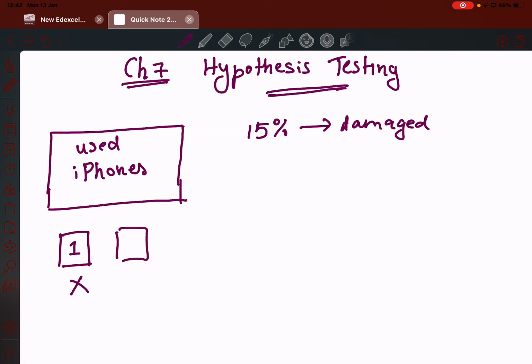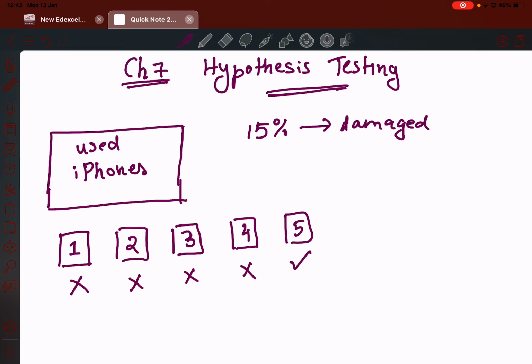Take the second one, that is also malfunctioning. Take the third one, that is also malfunctioning. Now I want you to tell me at what point do you feel suspicious. So 3 is malfunctioning. 4, that is also malfunctioning. 5 is okay. 6 is okay.